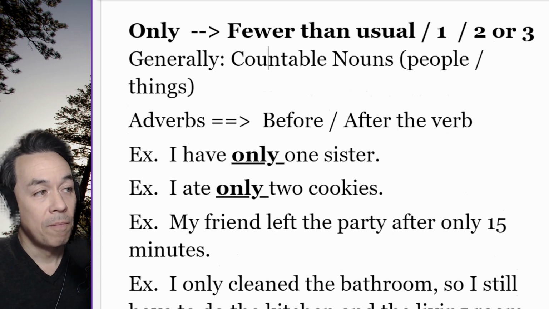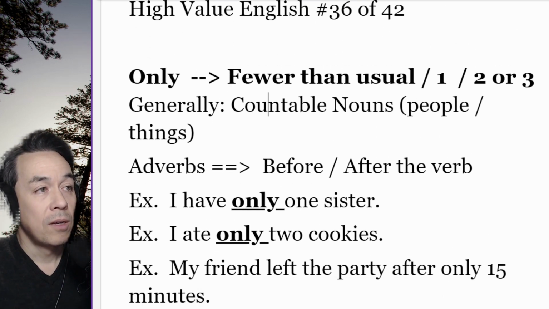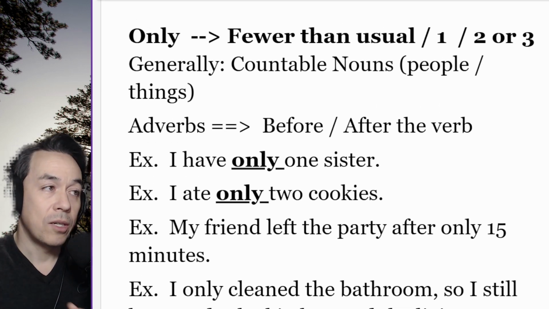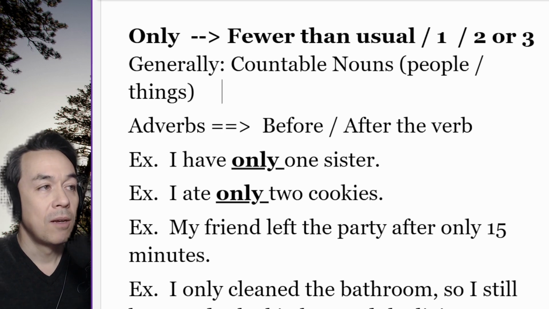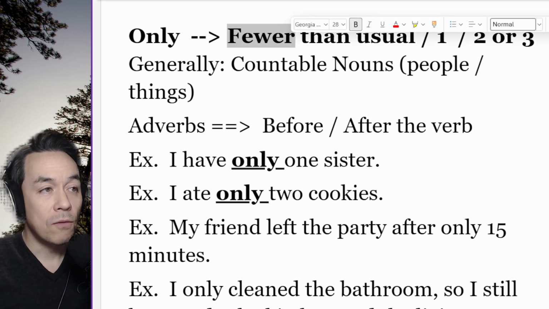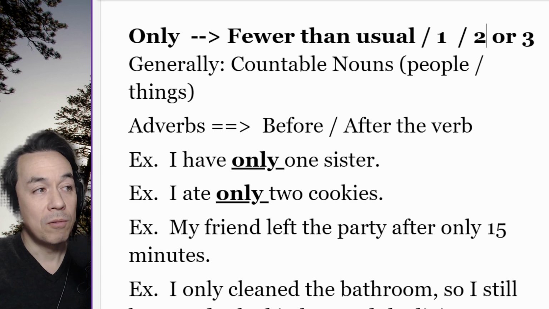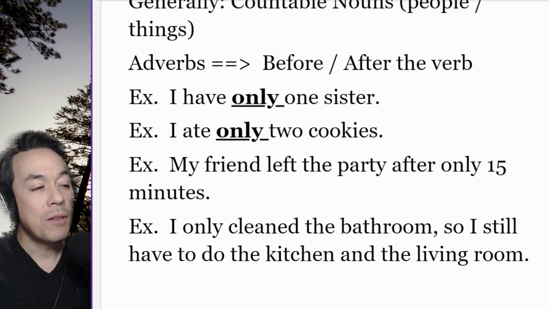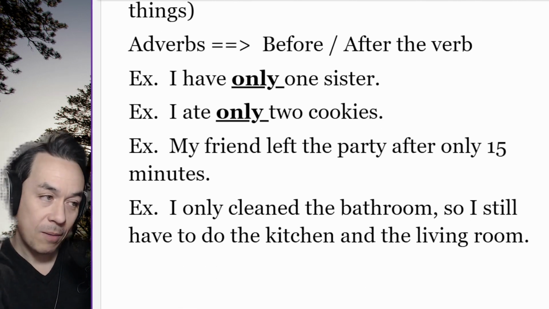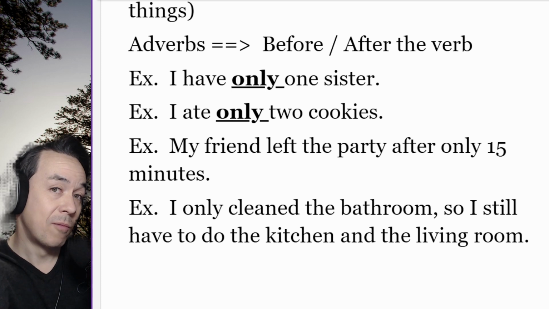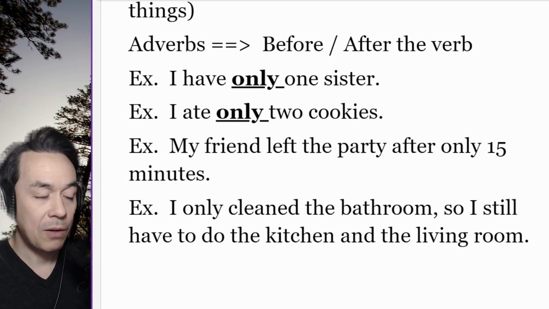But generally, just to set up the difference of "only" and "just," I would say it's things that are the fewer version, or one or two or three. Okay. Now the other thing, this is why this is a big topic, but the main word is "just," but we have to do this too.